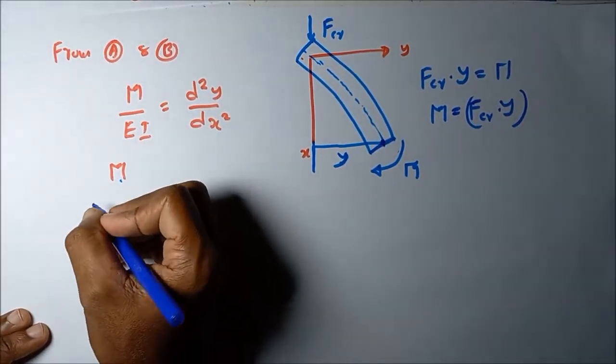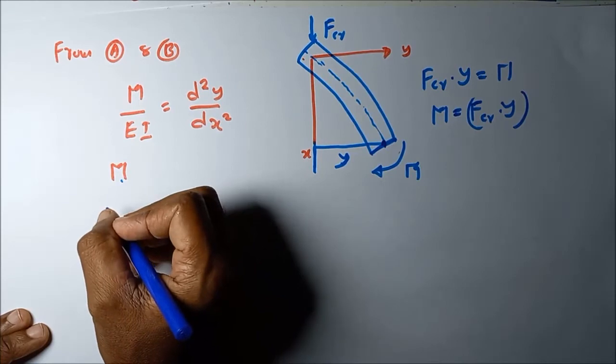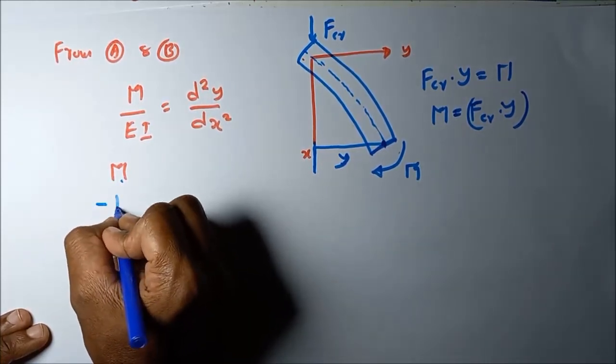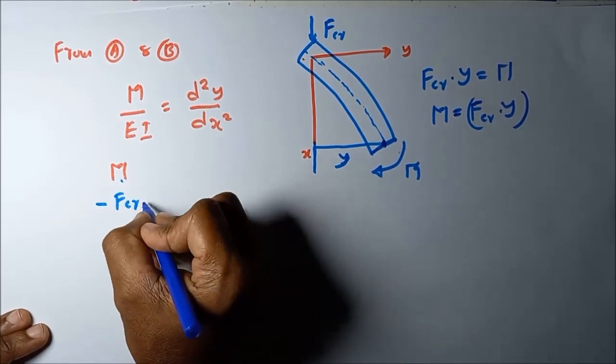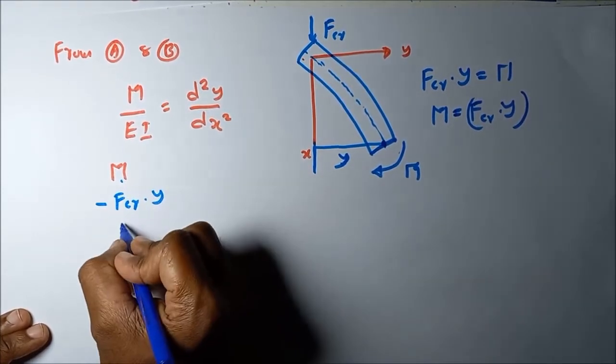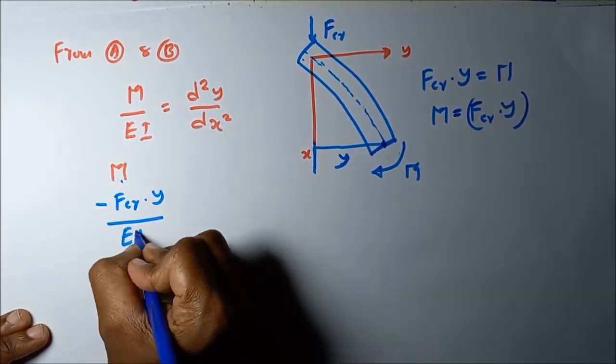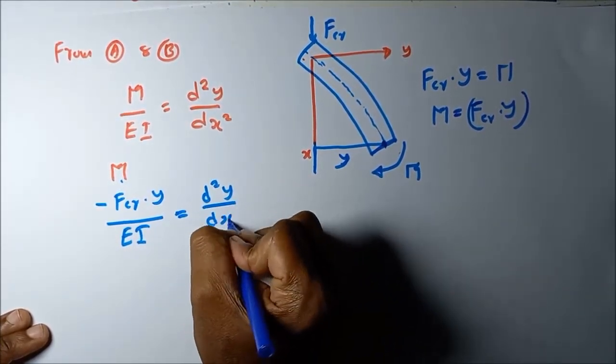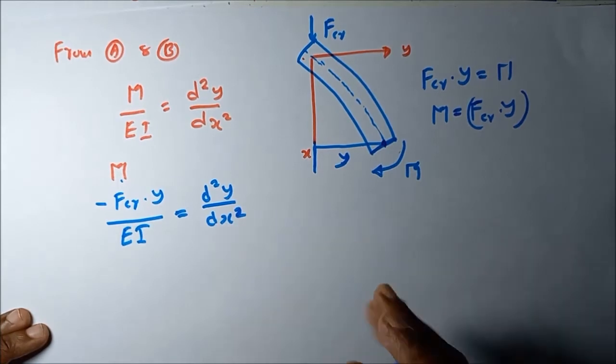So then we can rearrange this equation. Minus F critical into y divided by EI is equal to d2y dx square. Okay.